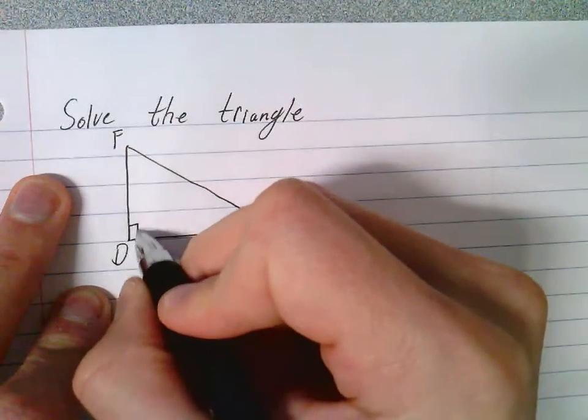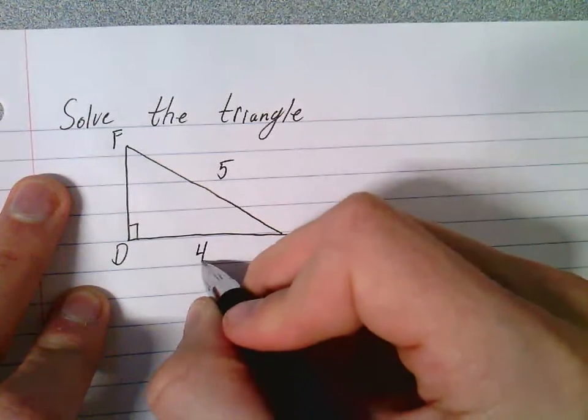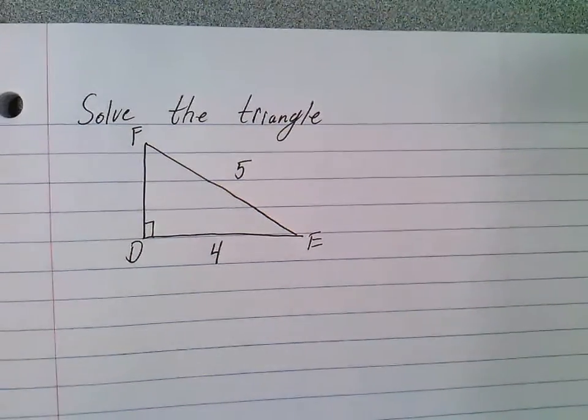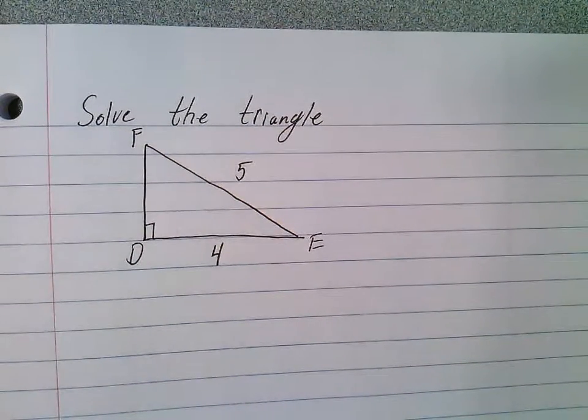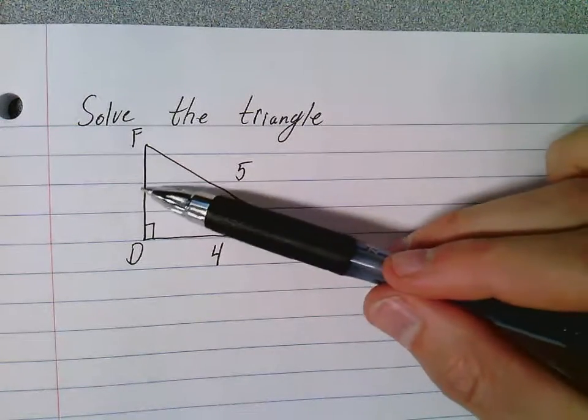This is a right triangle, and they're going to give us a 5 and a 4 here. And that's it. What we're asked to do is solve the triangle. To solve the triangle, I have to have all the angles and all the sides. I've got 2 of the sides. How might I be able to find this third side?